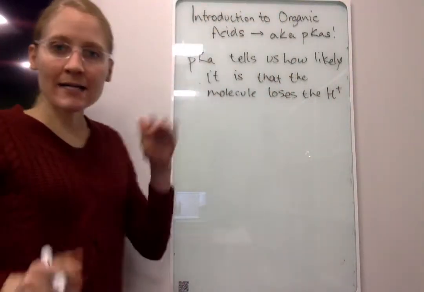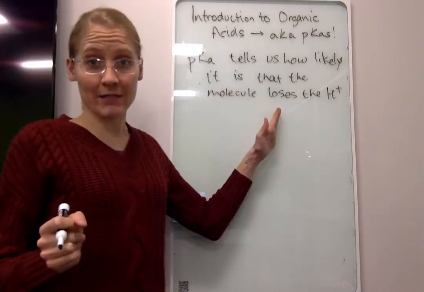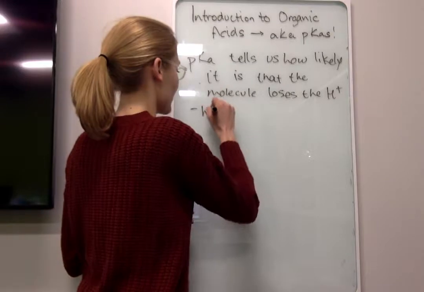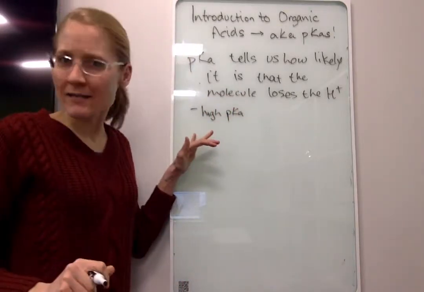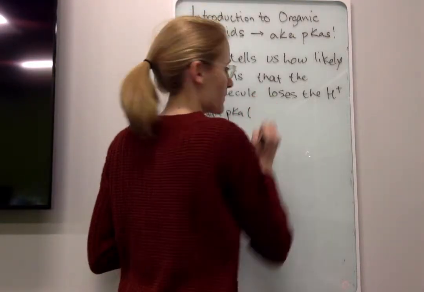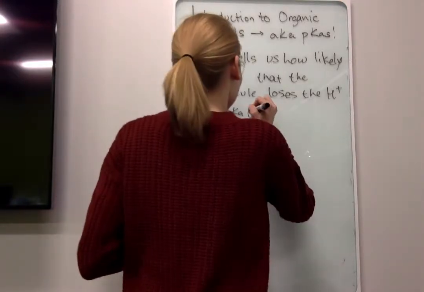So the pKa tells us how likely it is that the molecule is going to lose that particular H. So a high pKa, and so this is less acidic, weak acid, and kind of the flip of acid is a strong base.